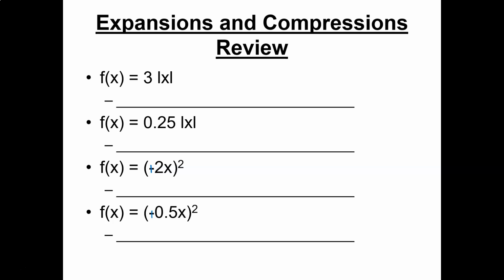The negatives, what do negatives do for graphs? They're going to reflect. Reflections still apply, right? So if I did have a negative there, it would reflect it over the y-axis. Everything is going to work the same with trig.